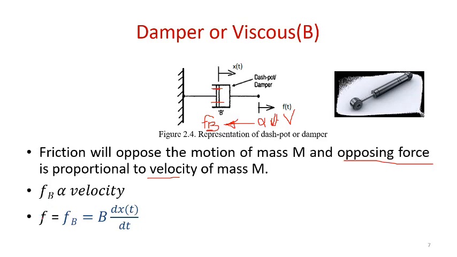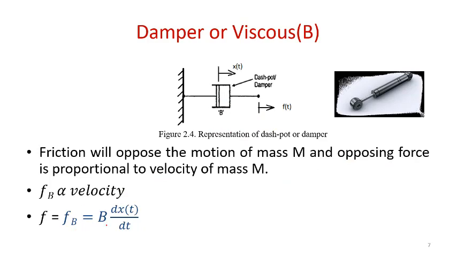Hence the applied force and the frictional force will be equal and opposite. So sometimes we write it as F minus Fb equal to 0, which can be rewritten as F is equal to Fb, directly proportional.